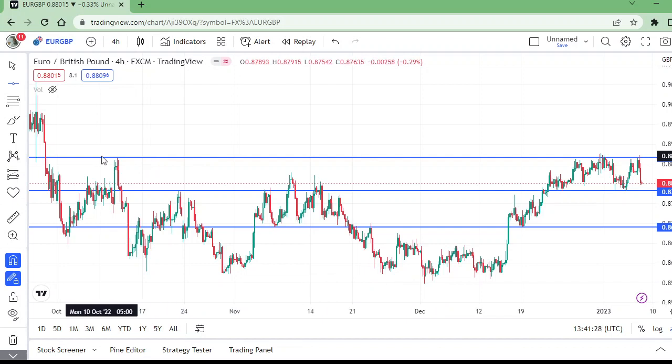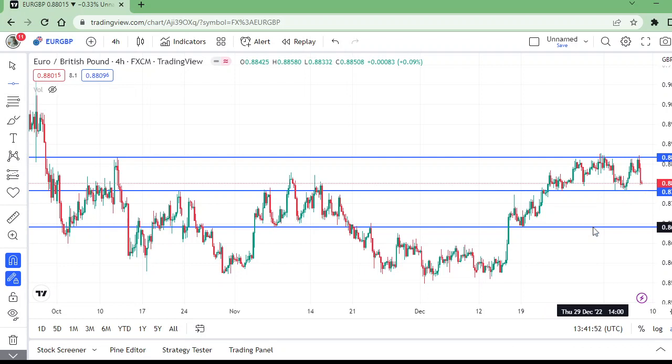Now this is the setup in the 4-hour time frame. This level is broken to the upward. Now this level has already retested after this breakdown. Then the market, now I don't think that it will come down to this, because if it comes, then the next level is nearby.